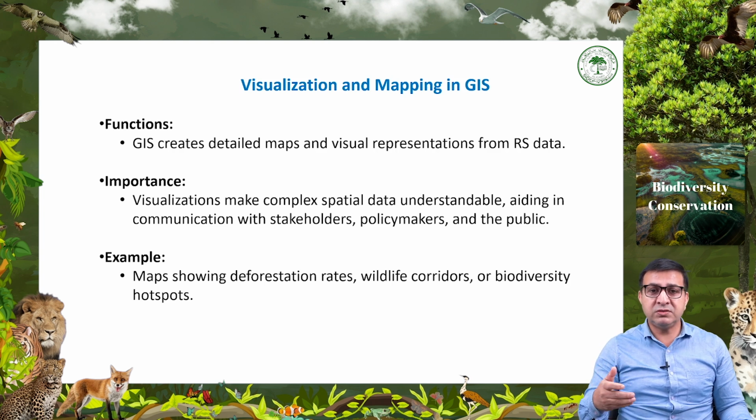Maps allow decision makers to visualize change in biodiversity, making it easier to prioritize areas for conservation or restoration. For example, maps showing deforestation in the Amazon help policymakers understand where urgent action is needed to protect the critical habitats of that particular area.